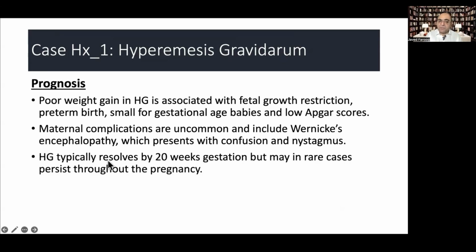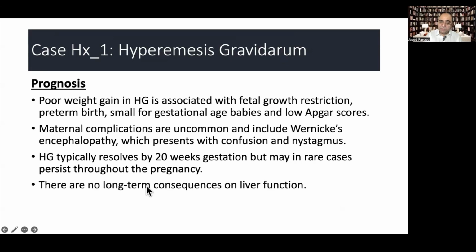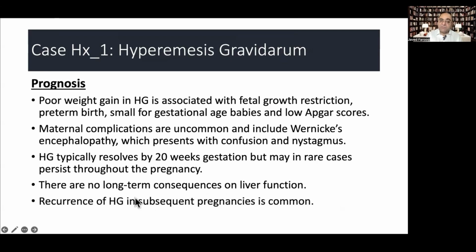Hyperemesis gravidarum typically resolves by 20 weeks gestation, but may, in rare cases, persist throughout the pregnancy. There are no long-term consequences on liver function, and this is a good point. And recurrence of hyperemesis gravidarum in subsequent pregnancy is common, as in our patient, she was multiparous.